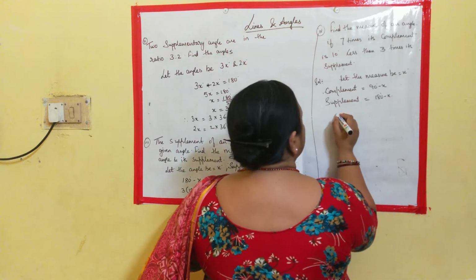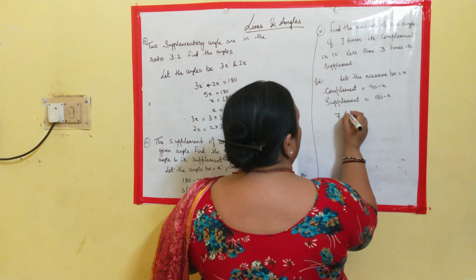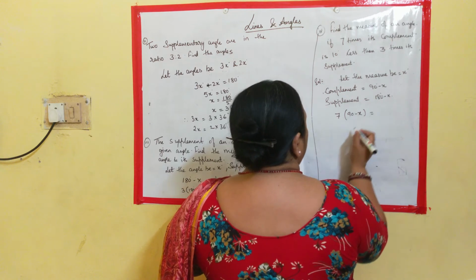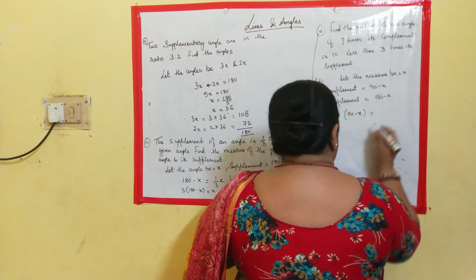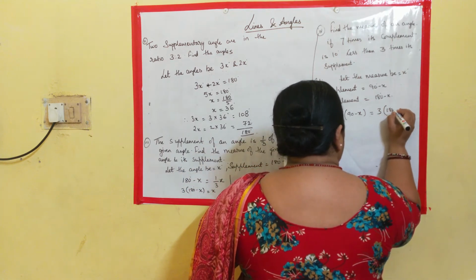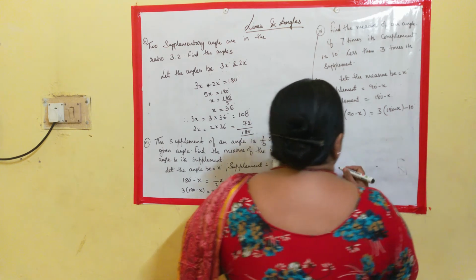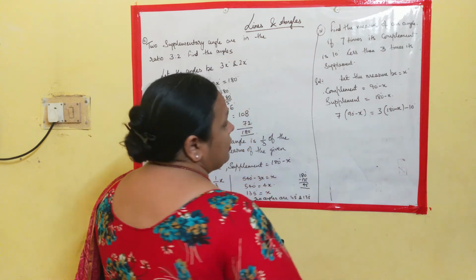Now in the question it is given 7 times the complement, that is 90 minus x, is equal to 3 times its supplement minus 10. Clear?